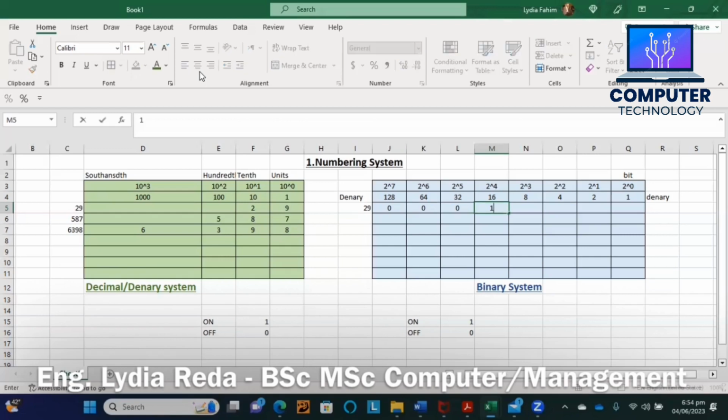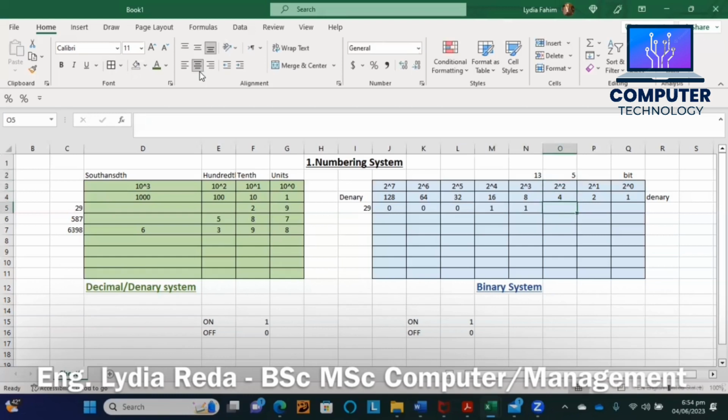So it's a 1. So 29 minus 16, the remainder is 13. I have a 13 with me. Okay. Does the 13 contain an 8? The answer is yes. So I have a 1, with a remainder of 5, 13 minus 8 is 5.